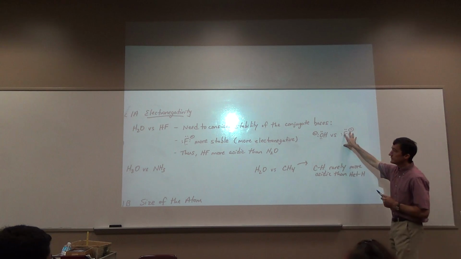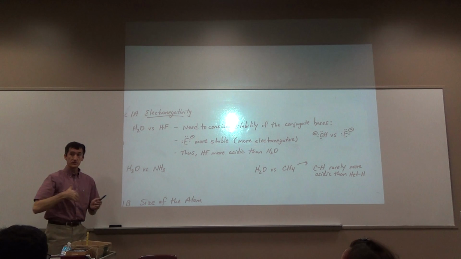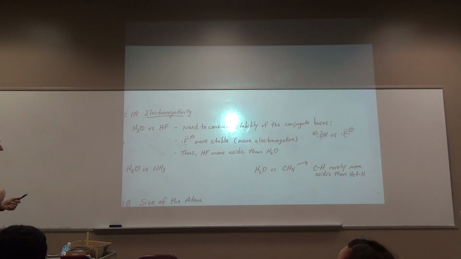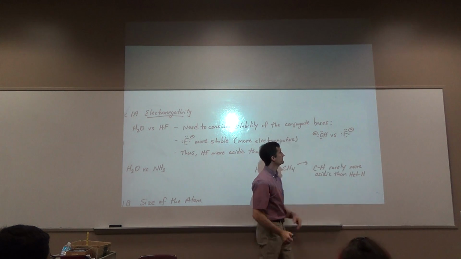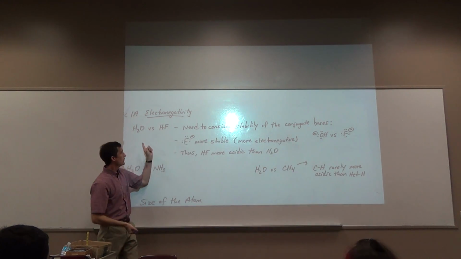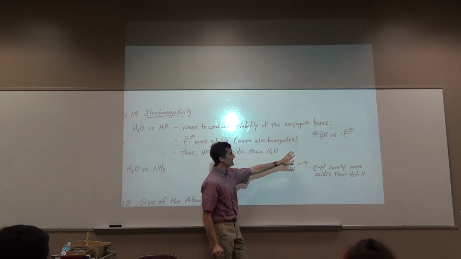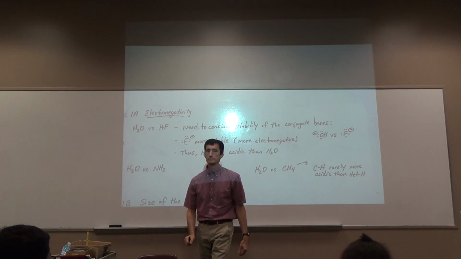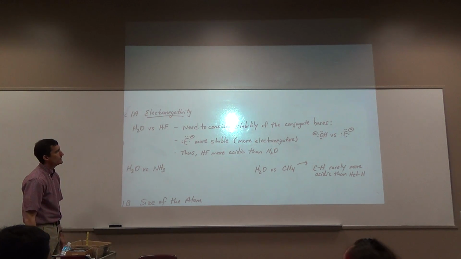That makes it more stable. Thus, HF is more willing to give up the proton and to act as an acid compared to water. Water is not as willing to act as an acid because where it's going is not as stable. So this is an electronegativity argument.